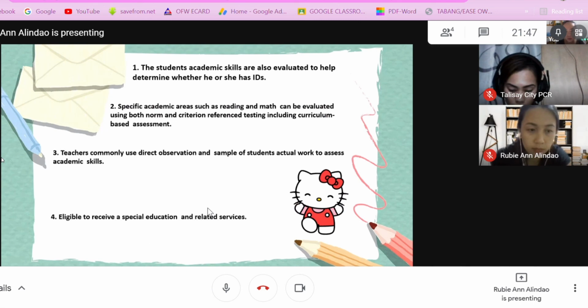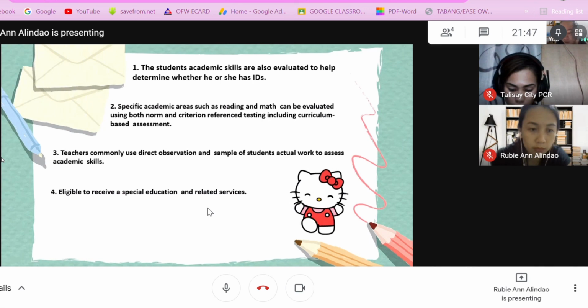And the fourth one is eligibility. When all skill areas are assessed, a multifactor evaluation team of education personnel determines whether the student is eligible to receive special education and related services.